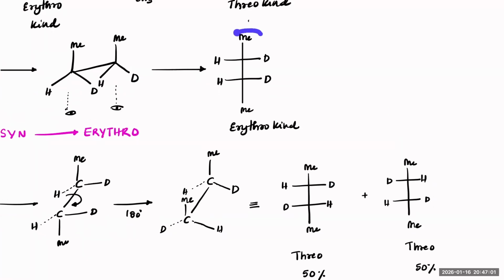Unlike in erythro, I can't get two products. What I'm trying to say, please listen to it carefully. That is, in case I write methyl, methyl, you might ask, sir, deuterium, deuterium can add from this end also. Agreed. But since it is a meso form, in this particular example, it is a meso form. Why? Because there is a plane of symmetry that is passing through it. Because of its meso nature, these two compounds are one and the same. They're identical because meso compounds are superimposable.